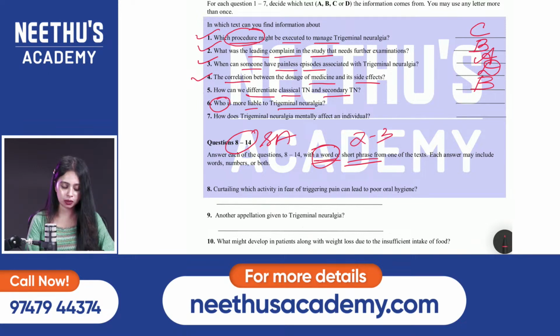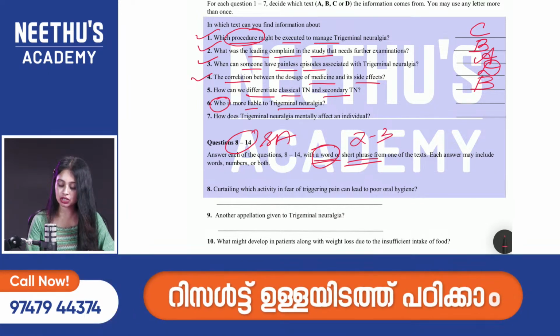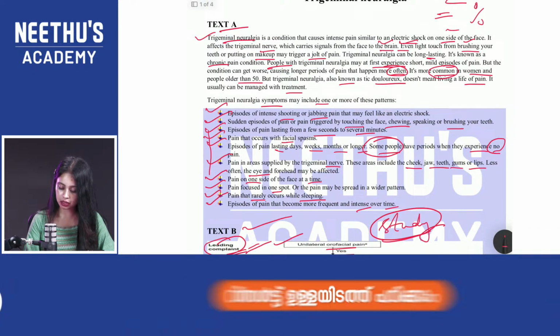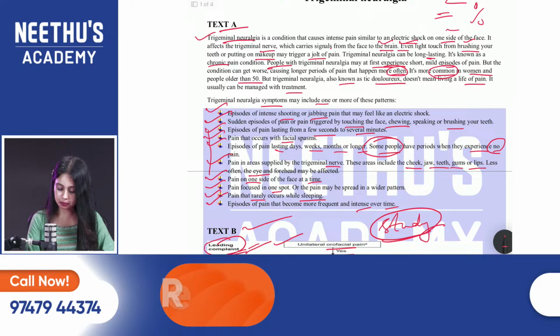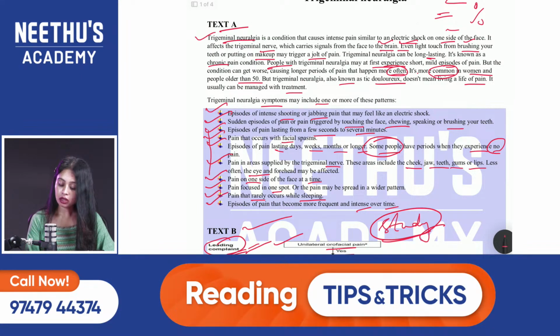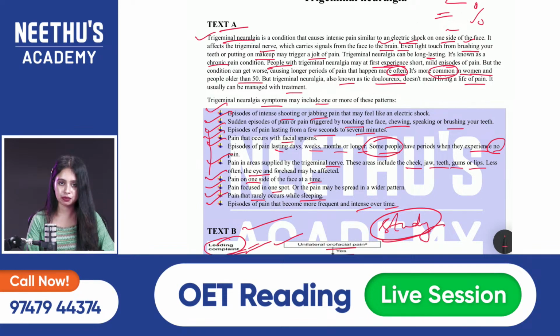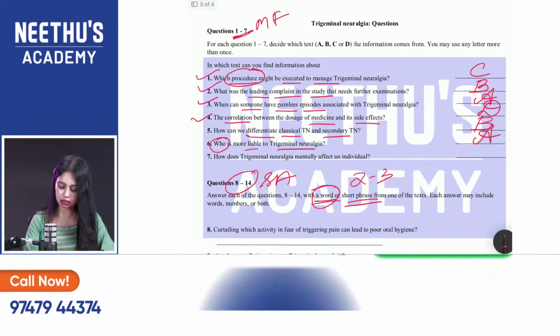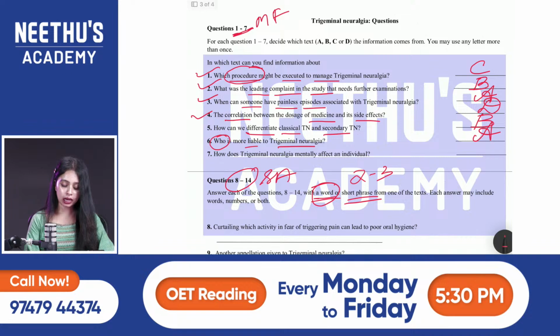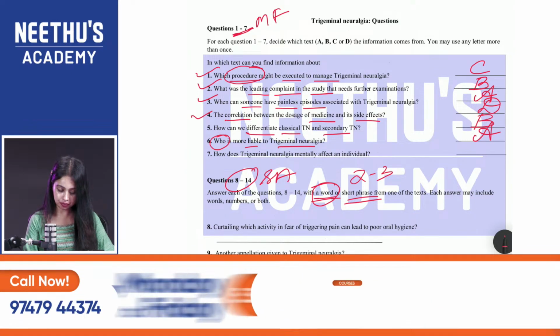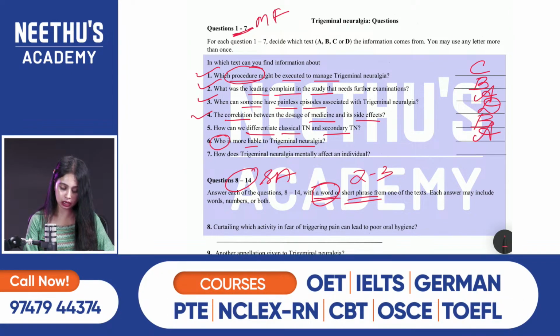Yes, it's mentioned in text A. The prevalence, where is the prevalence mentioned here? See, somewhere here I found. Yeah, it's more common in women and people older than 50. Okay, so the answer is in text A. And yes, Amy, Alina, Dilu, Dhanalakshmi, Vineet. It is in text A.